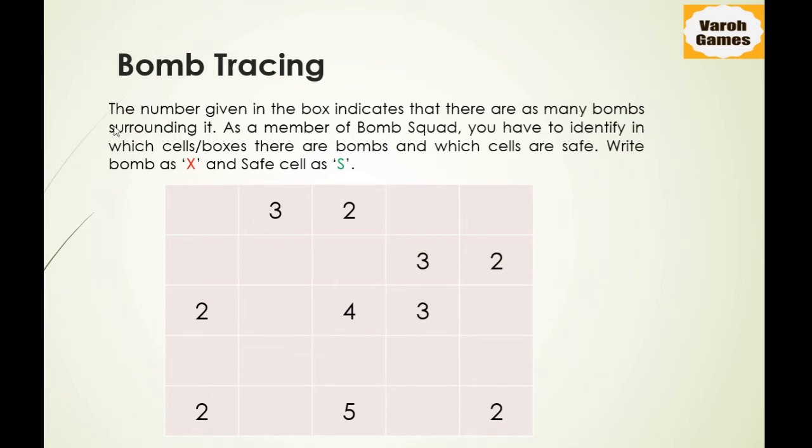So first let us understand what surrounding it means. Surrounding it means that for a particular cell, whichever cell is touching it in one way or the other. Let's understand this with the corner cell first. If this is the corner cell, surrounding it would be which cells?